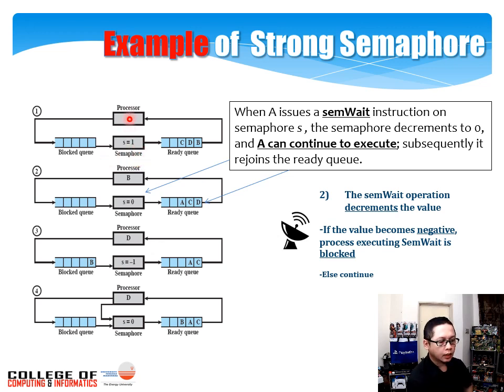So when A issues a SEM wait, before it enters again into the ready queue, the S value becomes 0. So take note of that: previously S is 1, after A executes and issues a SEM wait, the value turns to 0. After issuing a SEM wait, A enters again into the ready queue.